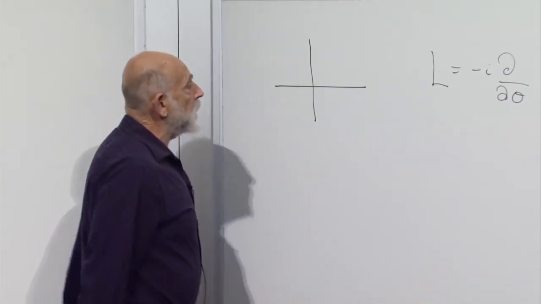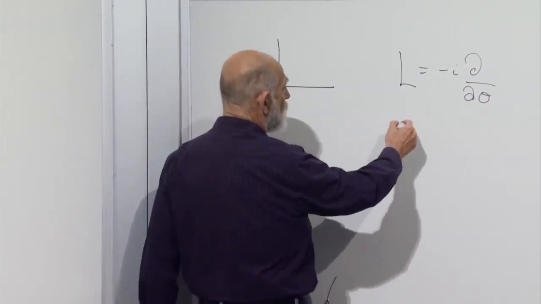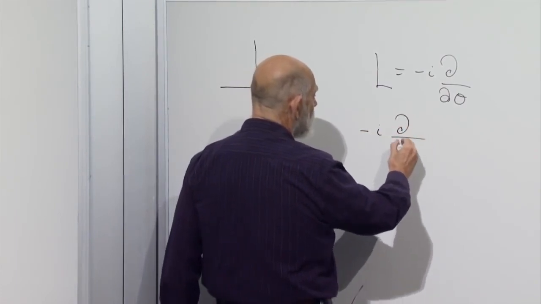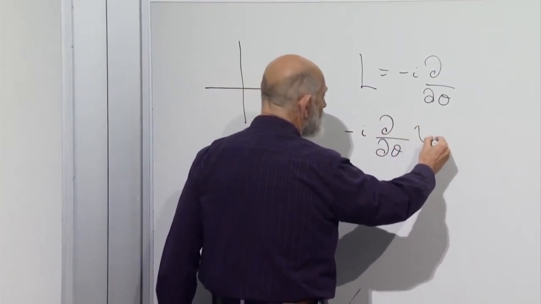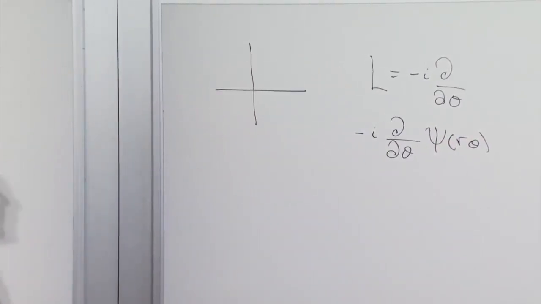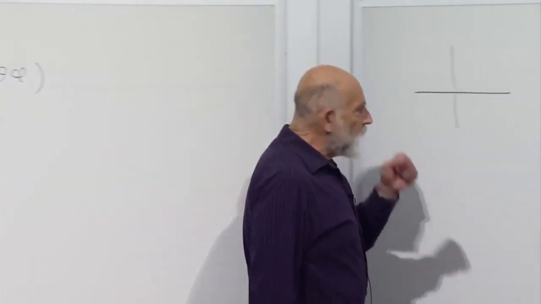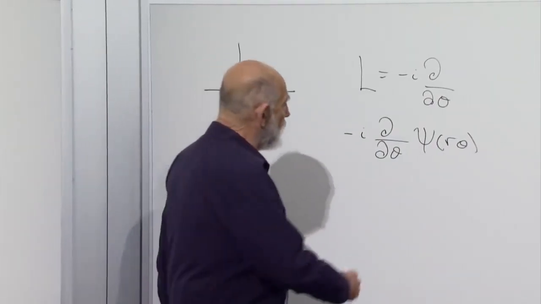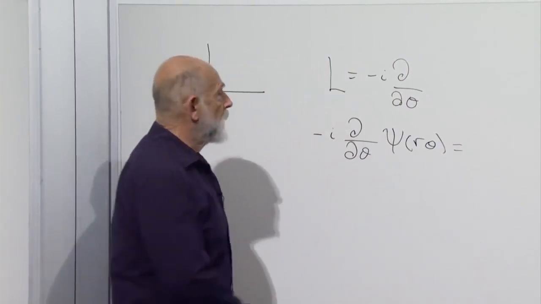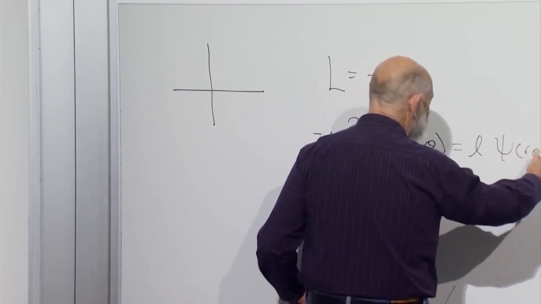Let me remind you, if you look for angular momentum eigenstates, then what you're looking for are functions which satisfy minus i d by d theta. Let's say functions of r and theta. In two dimensions we don't have to worry about phi, just r and theta. If we're looking for an eigenvector of the angular momentum, we set that equal to a number, the eigenvalue, L times psi of r and theta.